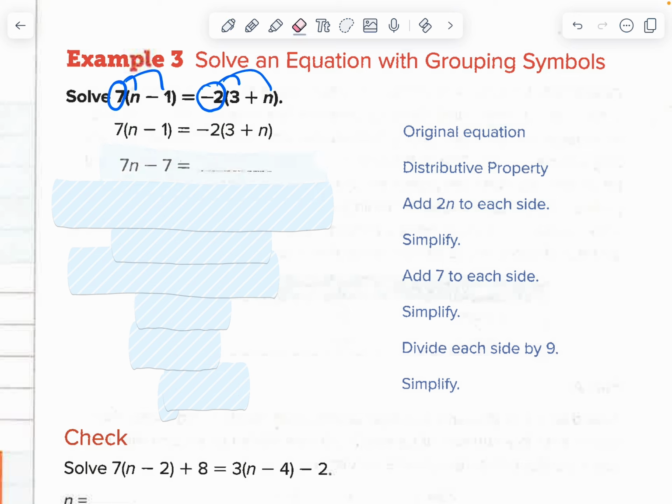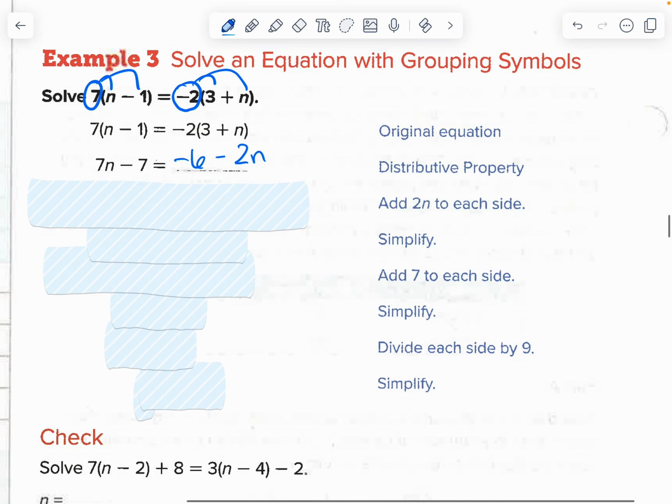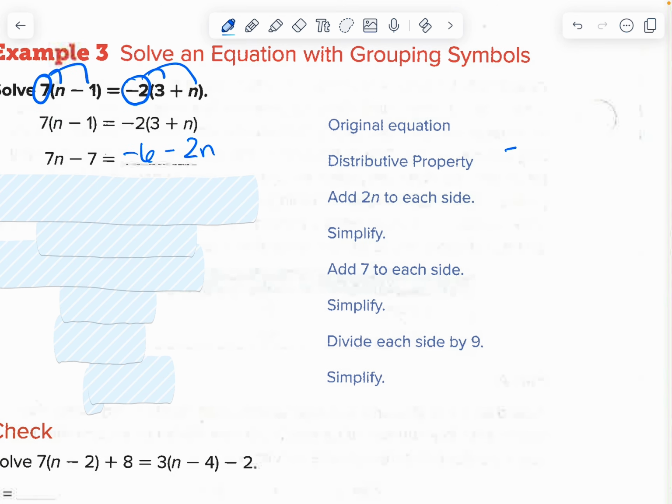Well, this is going to be interesting. This will be -6 minus 2n. I think I'm going to come over here and do this because I don't like what it's doing. So I need the n's on the same side, so I'm going to add 2n to both sides.